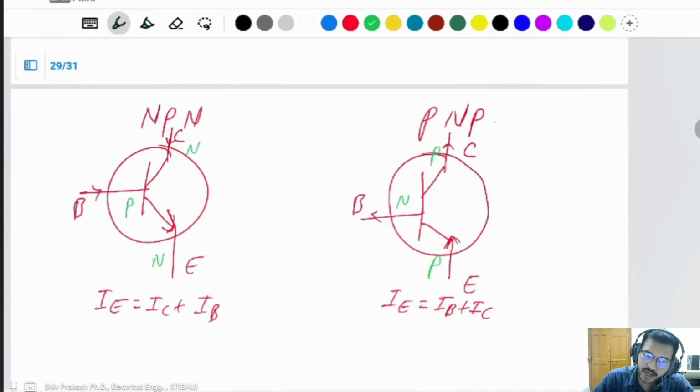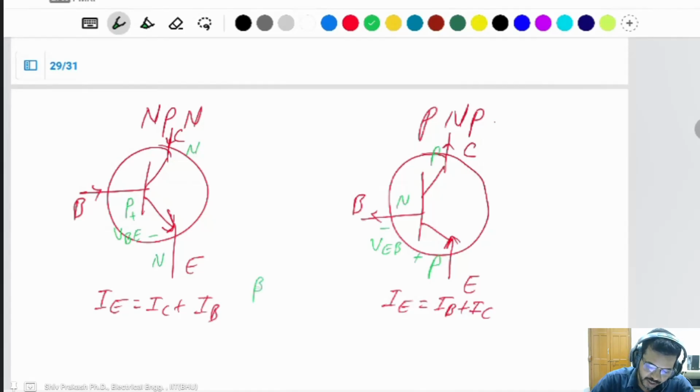A PN junction makes a diode, so there will be a diode voltage VBE here. In reverse bias, current does not flow; in forward bias, there is a voltage drop. This will be the VEB. Same thing: it is VBE in NPN and VEB in PNP.